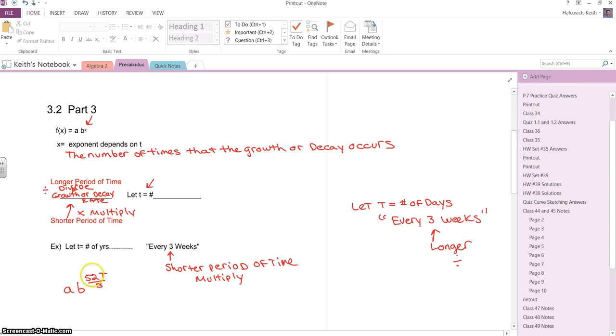So you're going to divide, which means you understand that there are 7 days in a week. So it'd be a times b to the t over 7 times 3. That would be on the bottom of the fraction, because there's 7 days in a week and it happens every 3 weeks. So it basically happens every 21 days.